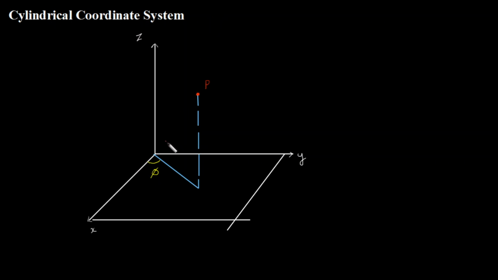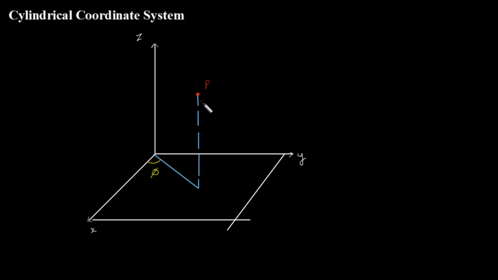It is the angle measured from the xz plane, or from the x axis. That angle is phi. Now, this point P is located in 3D space at an angle phi from the xz plane.